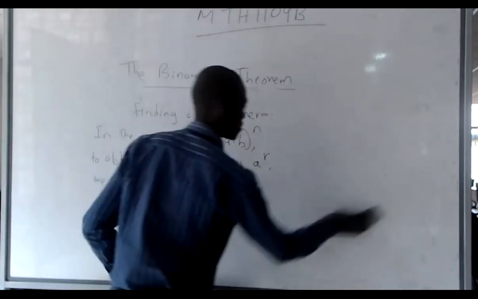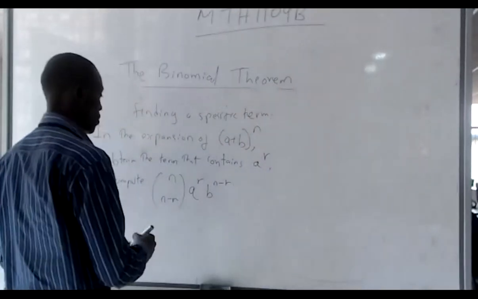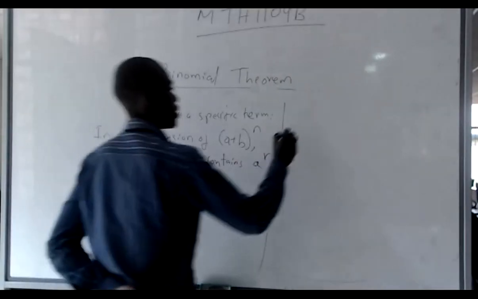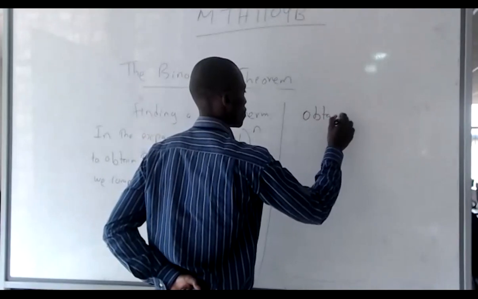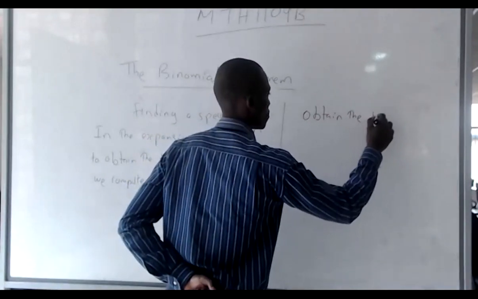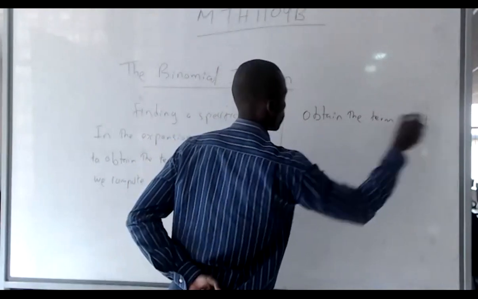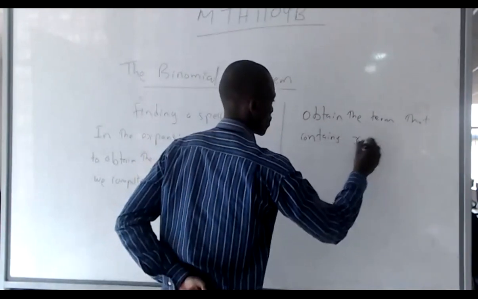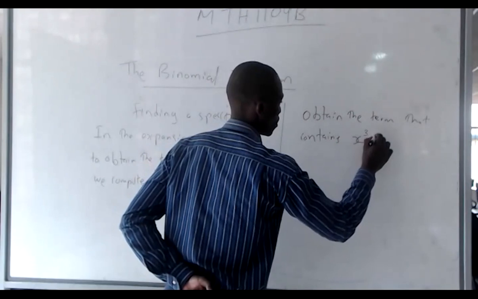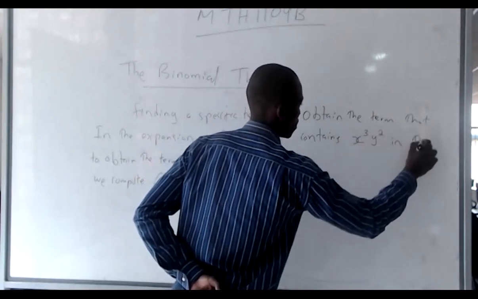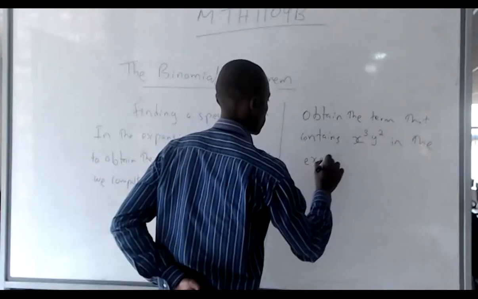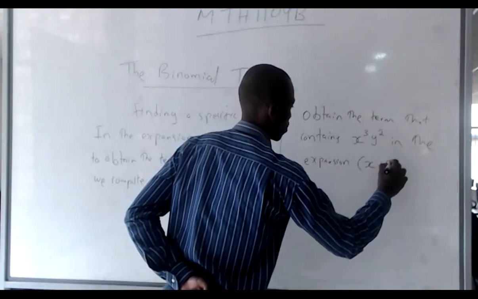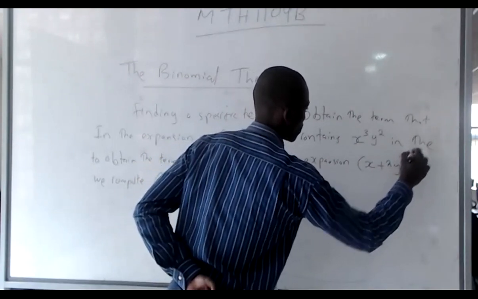Let me give you a very simple example on this. So suppose I ask you, obtain the term that contains x cubed y squared in the expansion of (x + 2y) raised to 5.